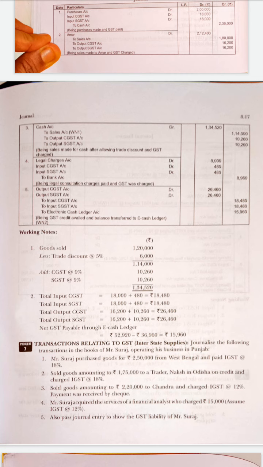So interstate is also called, interstate means what? Outside the state. Definitely there will be a hint to find out whether it is interstate or intrastate. Only by analyzing the transaction can you tell; it may indicate the word interstate or outside the state.